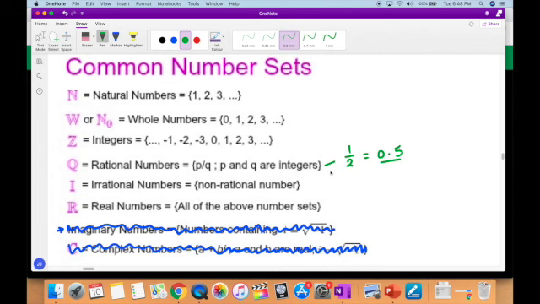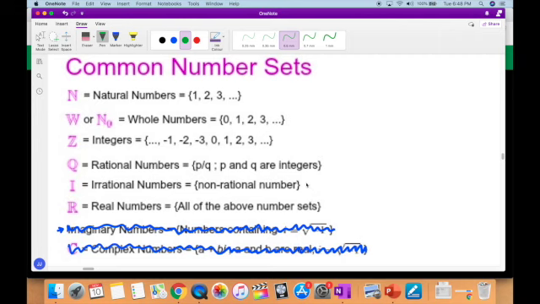Decimals are inside of the rational numbers because a decimal is an exact fraction. But irrational numbers are not exact at all. These include numbers that do not have an exact value.